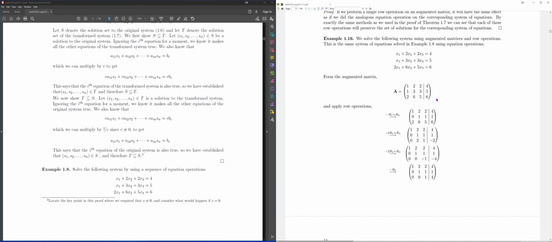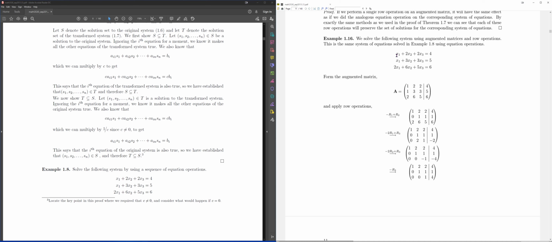This is one aspect of using matrices: you have the system and you're organizing the information for the system into a matrix. So that is one reason why matrices exist. They exist to organize information for you in a systematic sort of way.